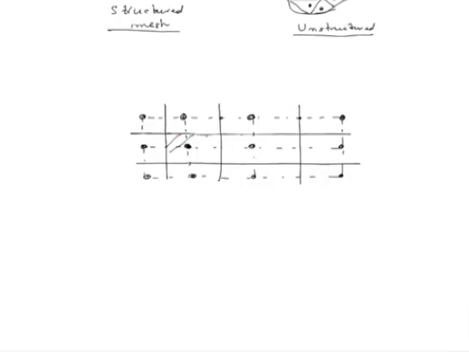For instance, if you look at this particular node, the corresponding finite volume, you can clearly see in this figure, or its adjoining finite volume, the computational node is not at the centroid of our finite volume.